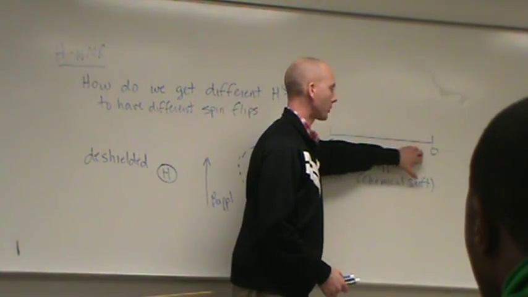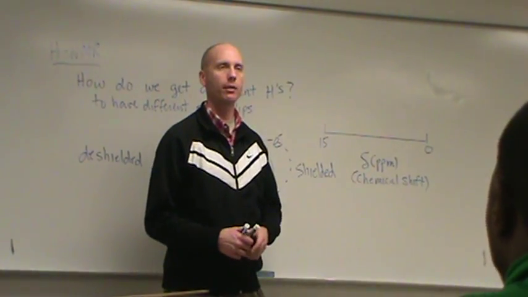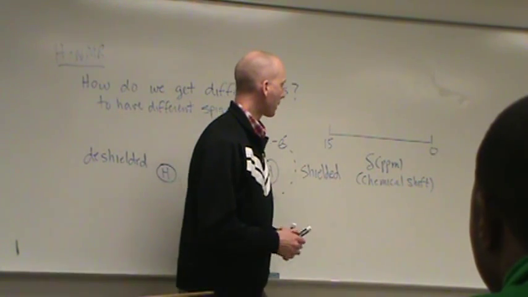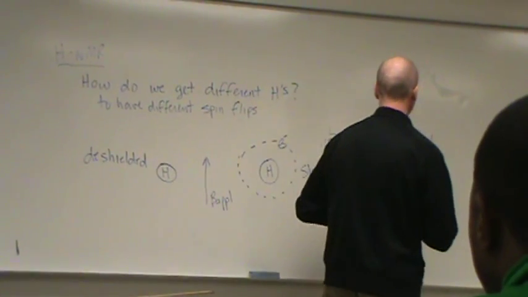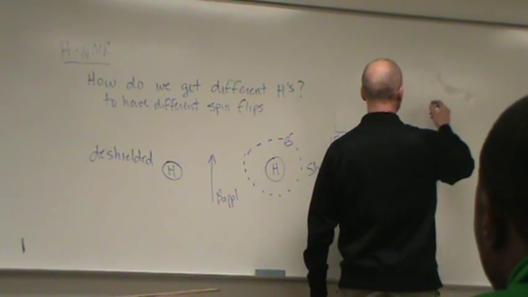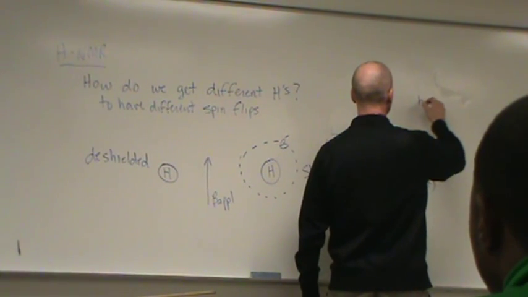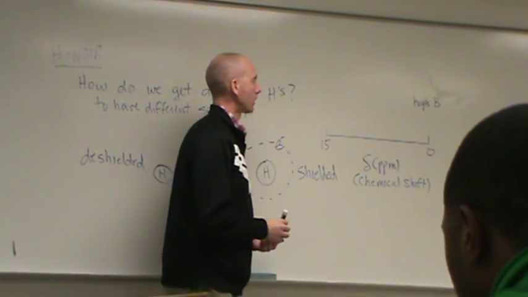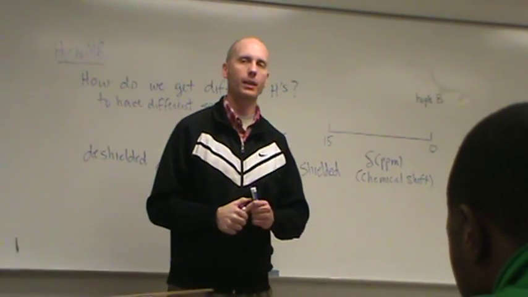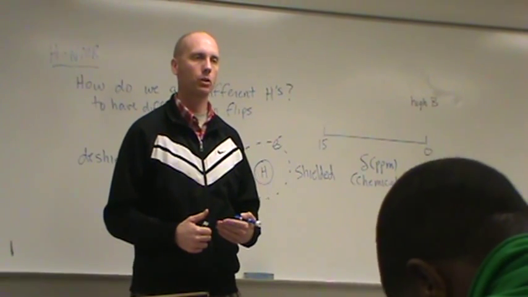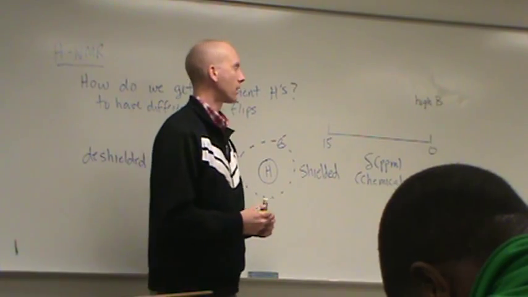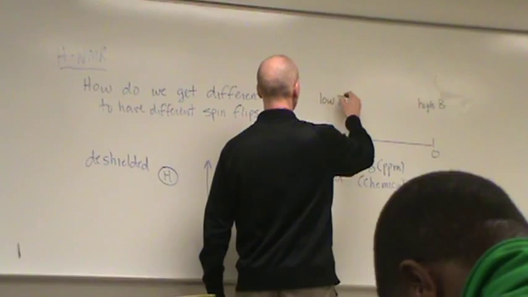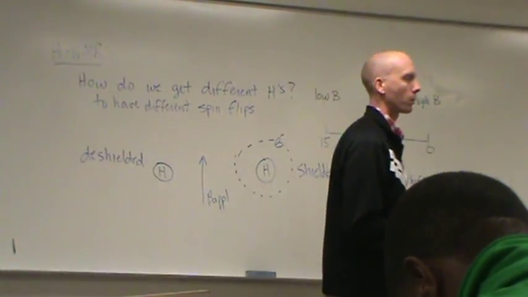Well, we need to designate the graph a little bit, give it some parameters. We say toward 0, that is where we have a higher magnetic field applied. And then down the other way is a lower magnetic field.